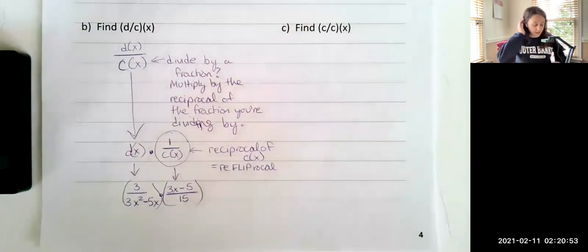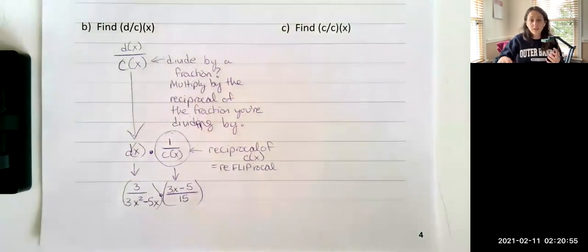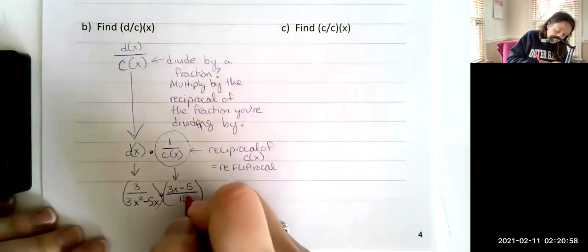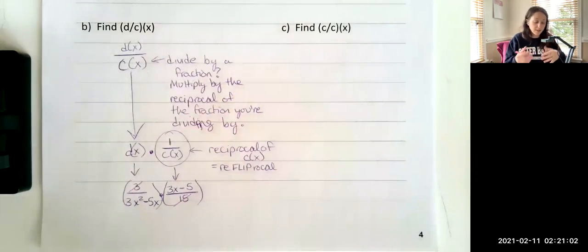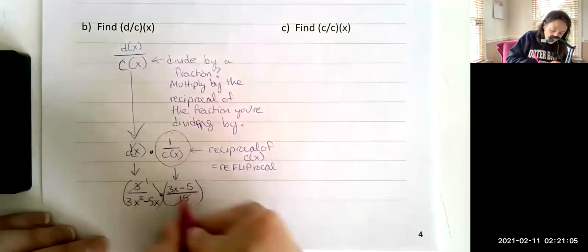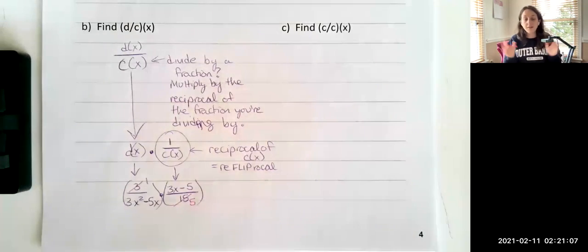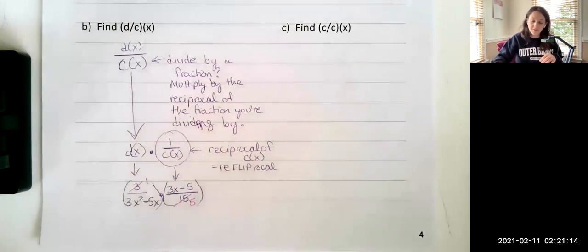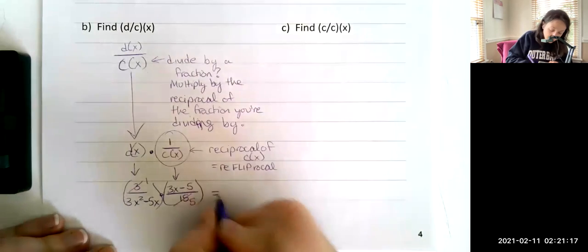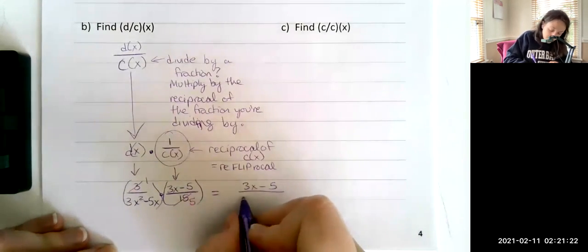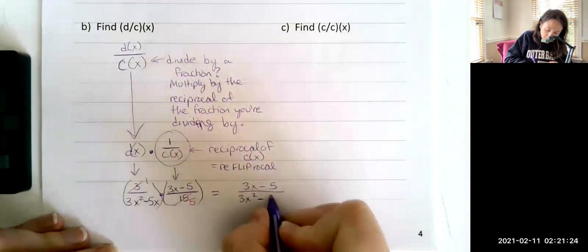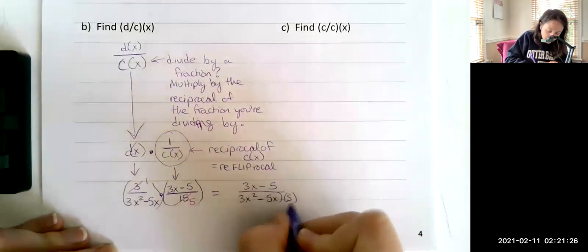And now that we multiply these, we're going to go ahead and look for things that can cancel out. So for instance, 15 and 3, since you've got them in the top and bottom together, 15 and 3 can both reduce by 3. Yay, 15 and 3 can both reduce by 3. And then there's another thing that we can do. And this is, again, a little bit more advanced. So I'm going to write it in the next line over. 3x minus 5 all over 3x squared minus 5x times 5.